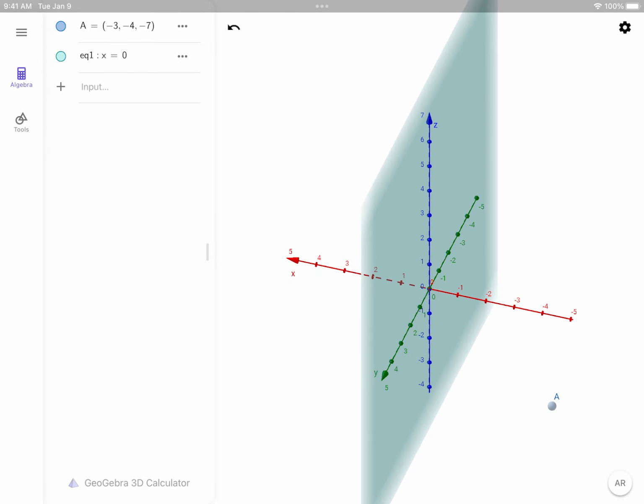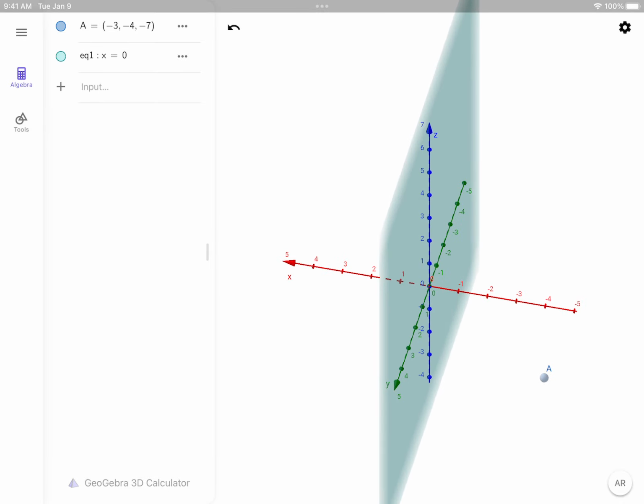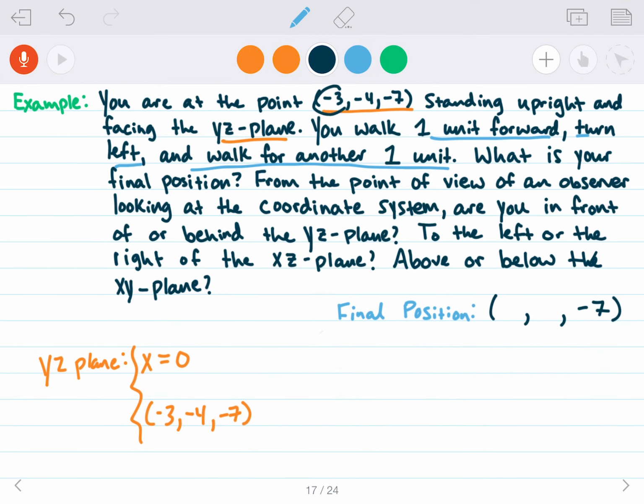So if we walk 1 step forward, then we're going to add an additional +1 in the x direction. So we're moving 1 forward in the x direction, which means that instead of -3, -3 plus 1 is going to give us an x position of -2. So that's going to change to -2.